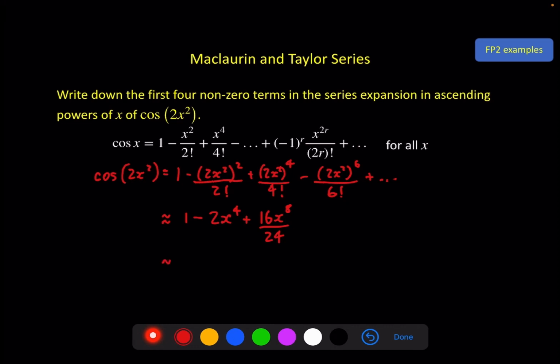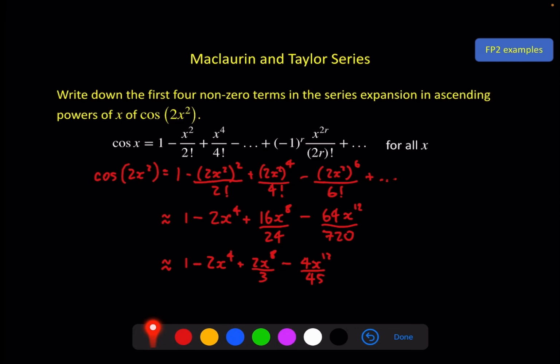That, of course, I will simplify again. Then we've got minus 2 to the power 6, 64x to the 12, divided by 6 factorial, which is 720, and then I'll simplify that by putting it on my calculator. So our final answer is 1 minus 2x to the 4 plus 2x to the 8 over 3 minus 4x to the 12 over 45.